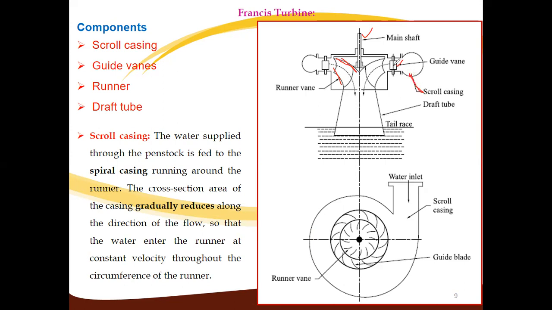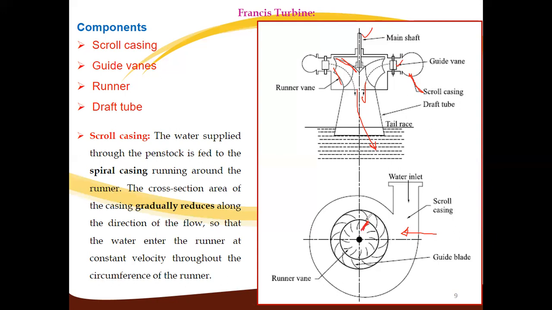Water leaving the guide vanes passes to the tail race by using the draft tube. If you see, the construction is the same as that of a centrifugal pump. The only difference is that there the blades have a backward curve, and here they have a forward curve.